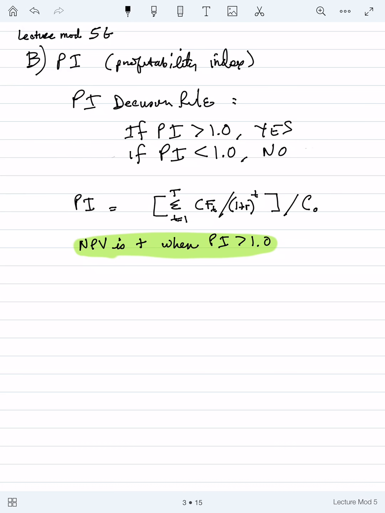But the profitability index can give you accept-reject signals that conflict with the net present value rule when you have to rank projects against each other. So that's a little critique. You get mixed signals with the profitability index.